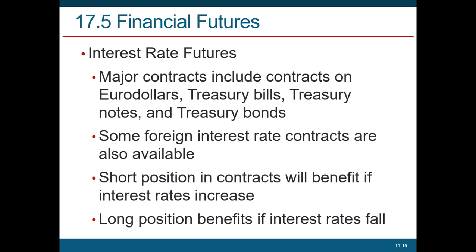Since they are going to sell the real asset bond in the future, and to hedge against the risk of interest rate, which means their concern is higher interest rate, right? Higher interest rate means lower amount of bond issuing proceeds they can receive, or lower bond price. They feel that bond price may decline, right? And they are supposed to sell bond. They are the producer of the bond.